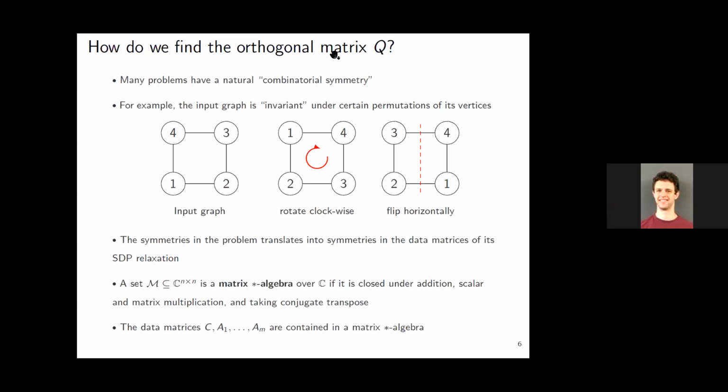And as if you take any graph where the vertices have different degrees, right? If the vertices are of different degrees, then you cannot permute.